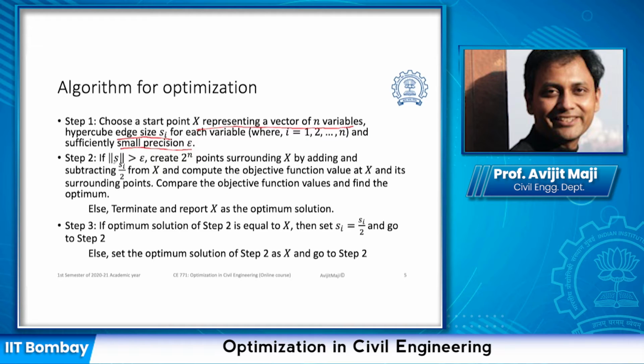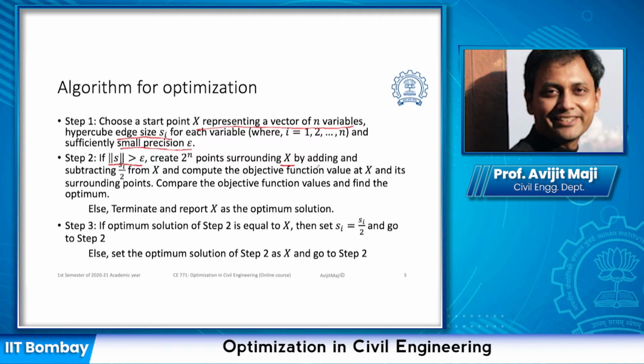Once we have all this information, we move to step 2, where we first check whether the step size is within the precision or more than the precision. If it is more than the precision level we have set, then we create a hypercube with 2 to the power n points, or 2 to the power n corners, which surrounds the base point which we have started or selected.